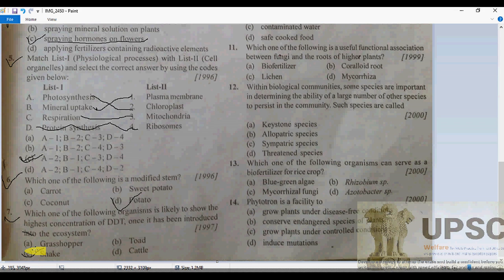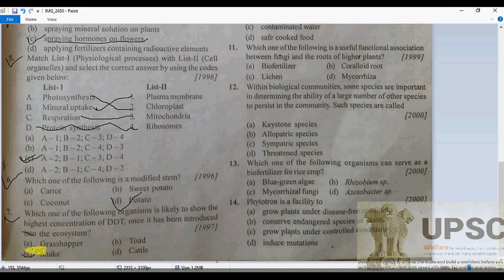So the pollutant is biomagnified, with an increase in concentration from producer to primary consumer to secondary, tertiary consumer, and top consumer.